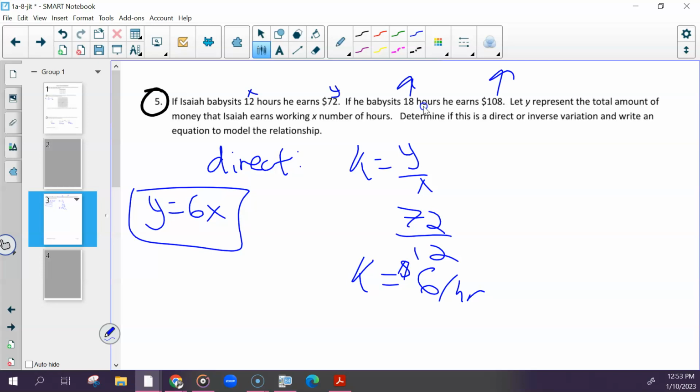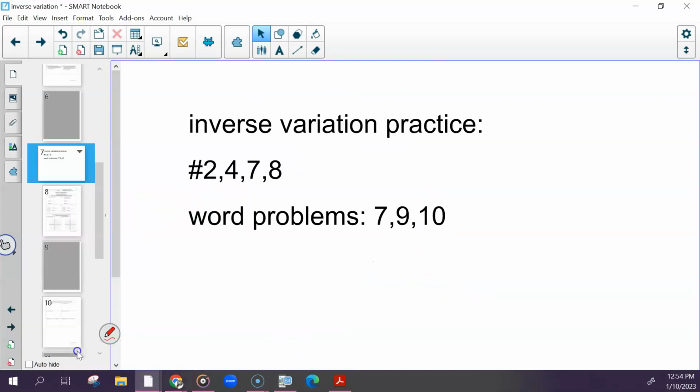Take out your inverse variation notes if you don't already have them out. Just like last class, I'm going to give you time to practice, and you can either be working on the Khan Academy that's due this Friday, the Khan Academy that you didn't do last Friday, or this practice. We are doing notes after.